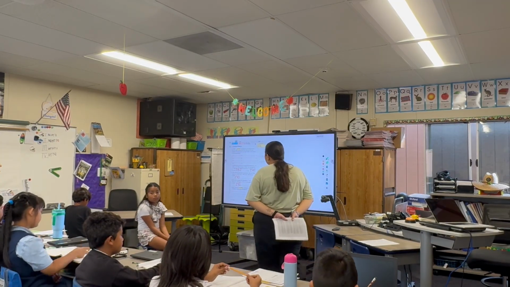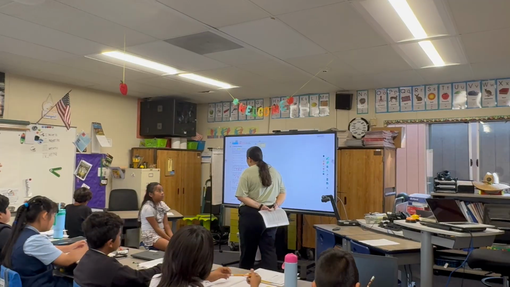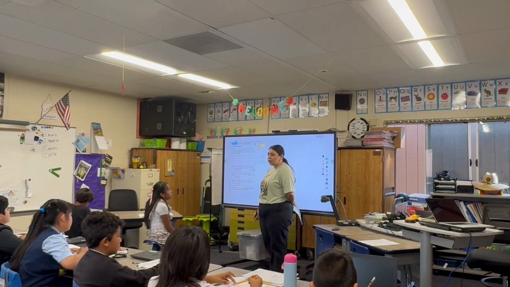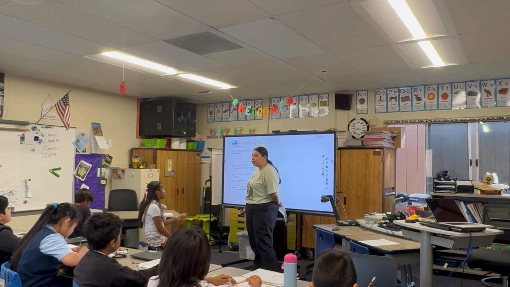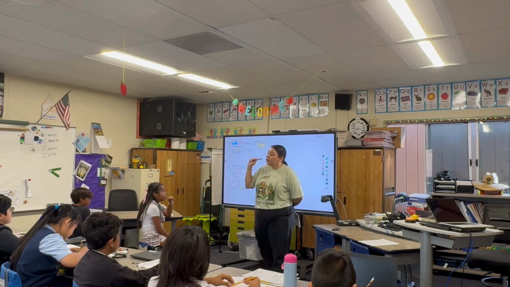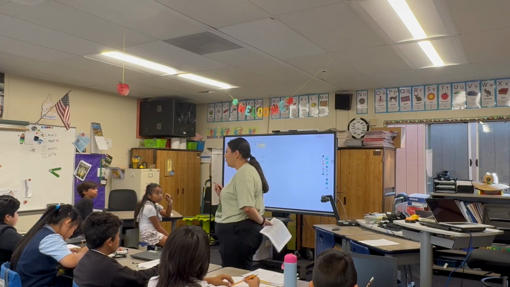So explain how to use rounding to estimate the product of one digit number to the other. So what did we do here, boys and girls? We took our exact numbers and we rounded them, right? We rounded them up to a high estimate and a low estimate, right?